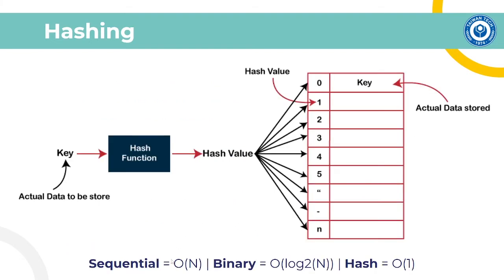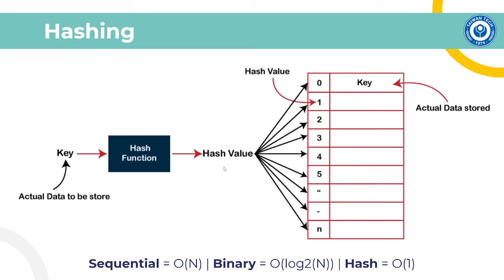So this is an example of that problem. If we want to use a key to find an item in the database by sequential search, we must iterate through the database and find the same key value. The complexity will be big O of n, and with binary search, we can reduce it to big O log 2 n.